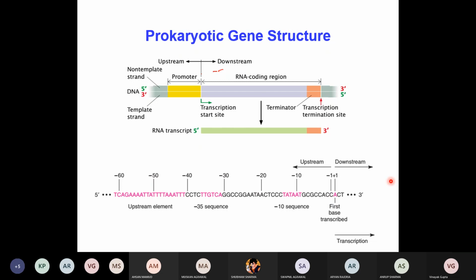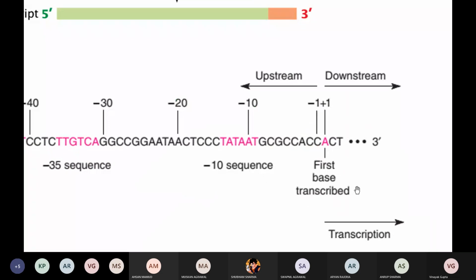Do you see something unique here in this numbering system? Any guess?